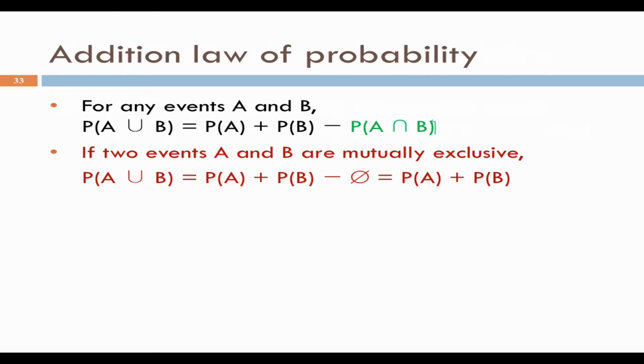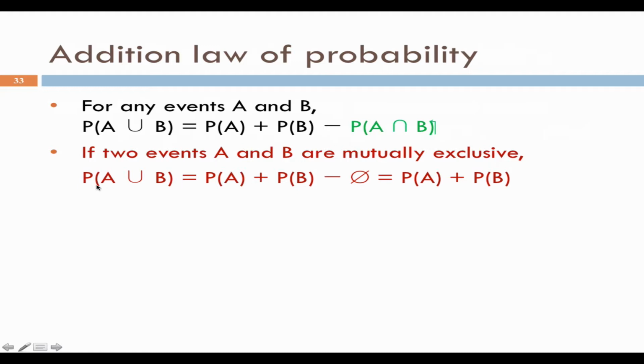And then from here, it will be very natural to understand what if A and B are mutually exclusive? By definition, if A and B are mutually exclusive, that means A intersect B is 0. So that means this whole set is empty, and the probability of an empty space is 0.